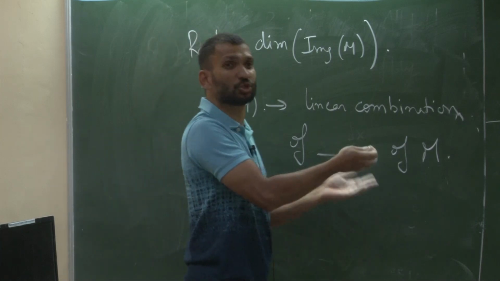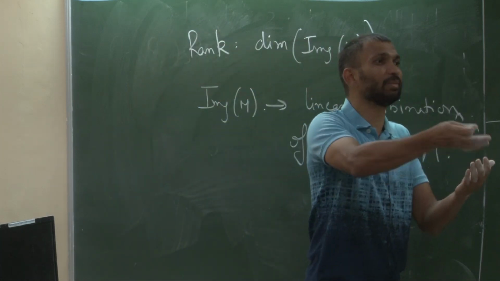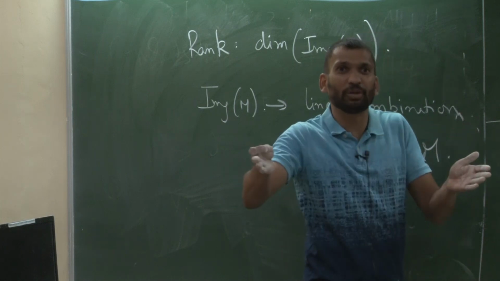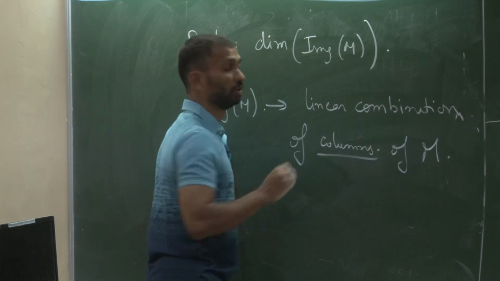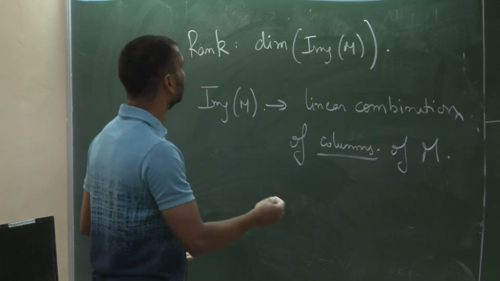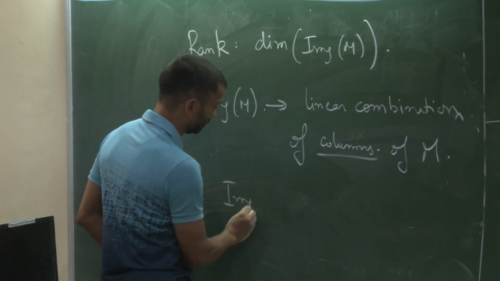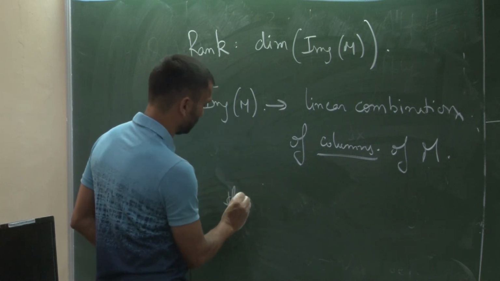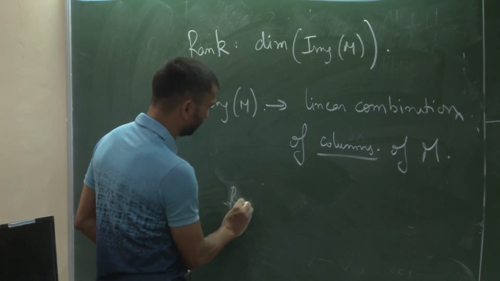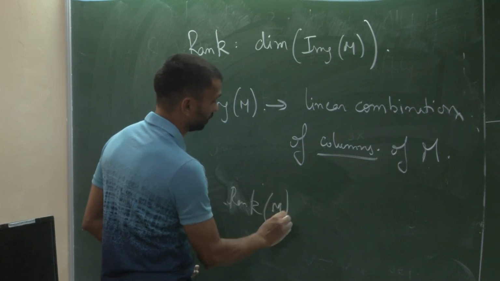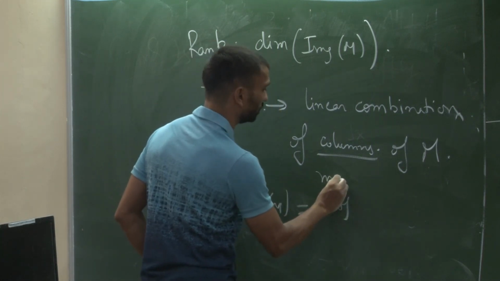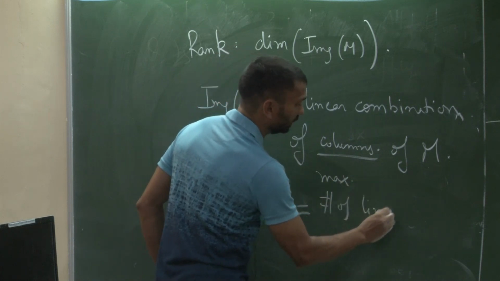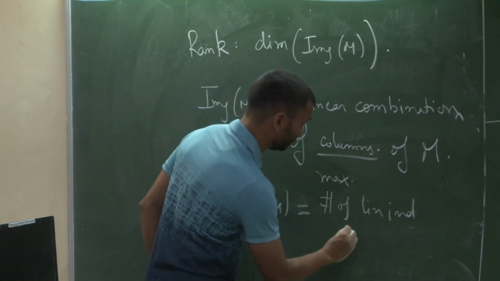Columns of M, right? We just saw what M times V was. It was basically taking linear combinations of the columns. So this is columns of M, right? That means my rank of M is equal to the number of, or maximum number of, linearly independent columns.